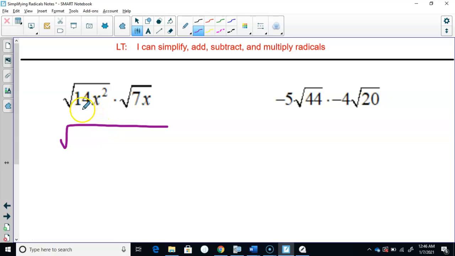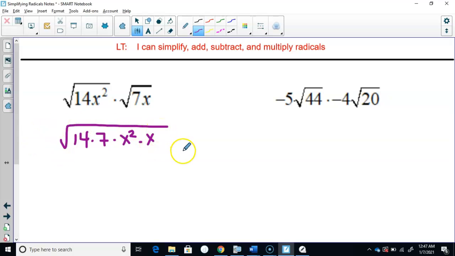So 14 times 7 times x squared times x, okay? And this is a property that we can use. When we're multiplying radicals, as long as they have the same root, so this is a square root, we can take what's inside and multiply them together and make it one root, okay?